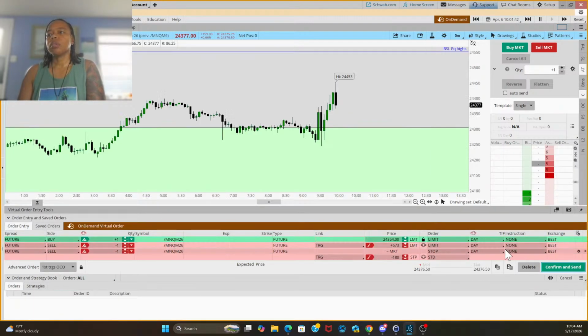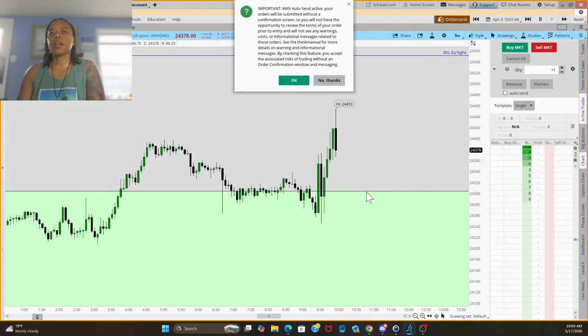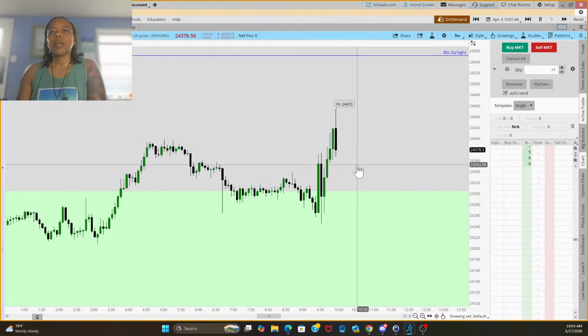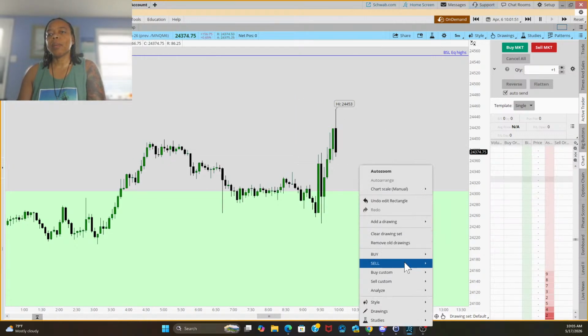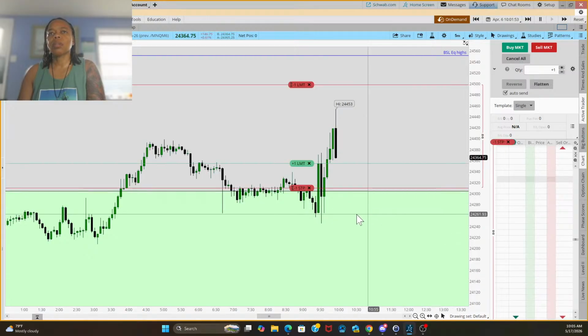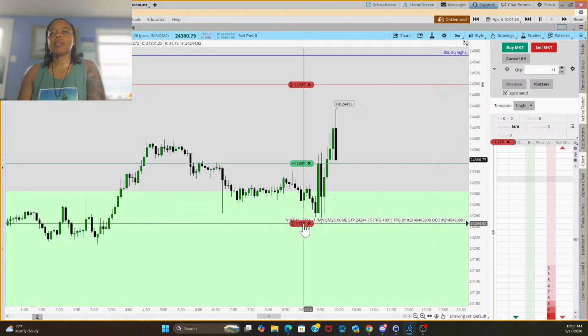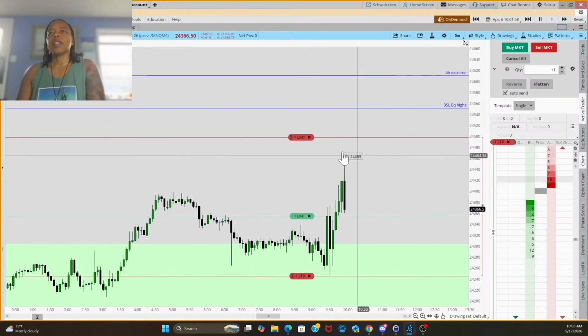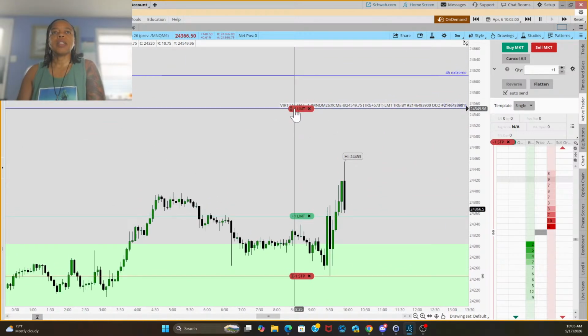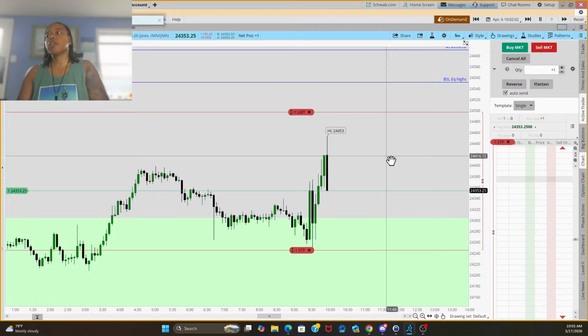Keep forgetting to turn that on. Right here, I'll get it into the fair value gap. This would be a 1 micro long. I don't know how big the stop is, but that's what we would do, and then let's see if we can make it up to these equal highs. All right, we're in on the 1 micro long.